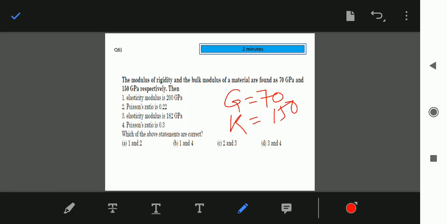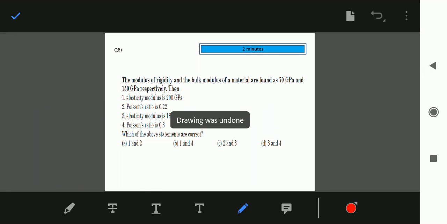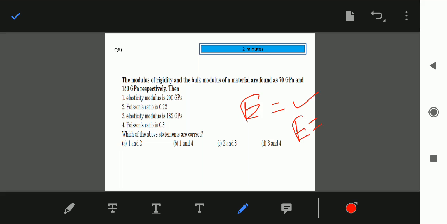So first of all, you have to apply the formula E equals 9KG upon 3K plus G. After applying this formula, you will get the E value, and after finding the E value, you apply the relation E equals 2G into 1 plus mu.